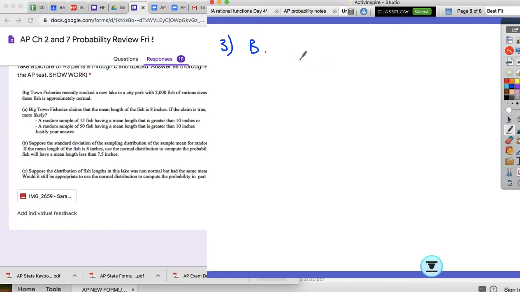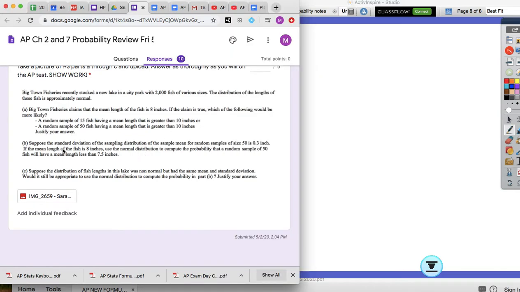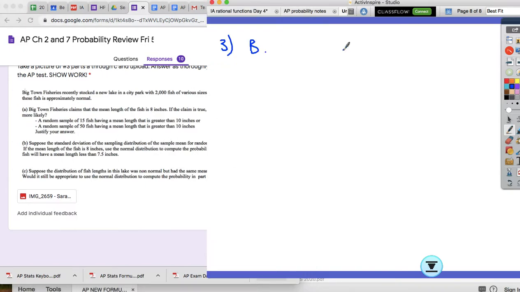Okay, here's B. Suppose the standard deviation of the sampling distribution of the sample mean for random samples of size 50 is 0.3 inches. That sentence right there, if you don't read that correctly, you're going to get maybe a little confused. So remember our formulas.